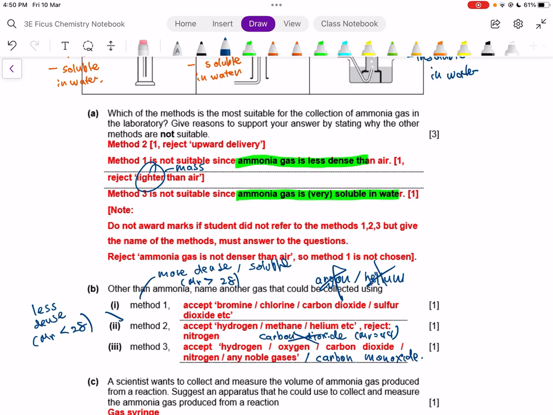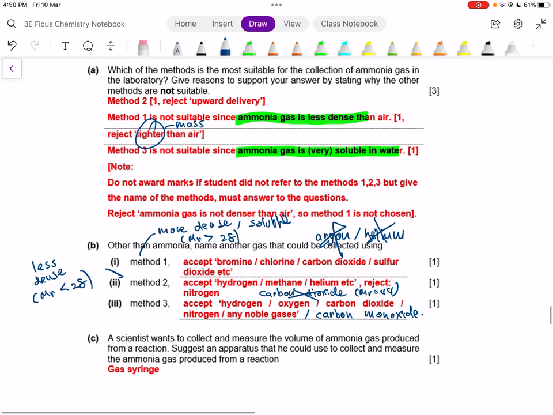Okay, then the next one is a piece of apparatus to collect and measure gas, so gas syringe. Some of you gave very funny ones, like method 2. You cannot just say syringe, I reject it. It must be gas syringe.